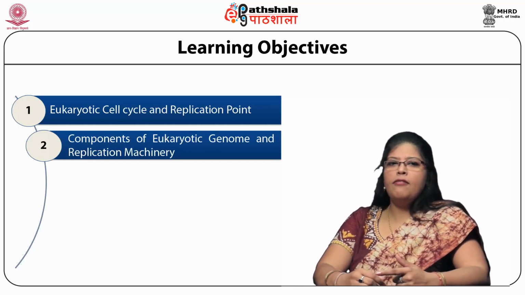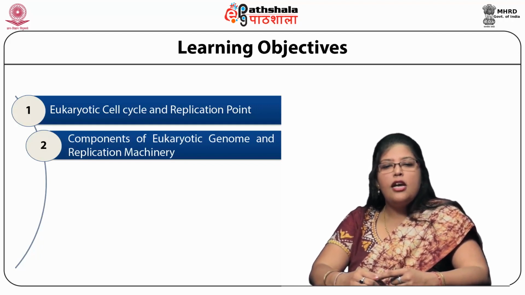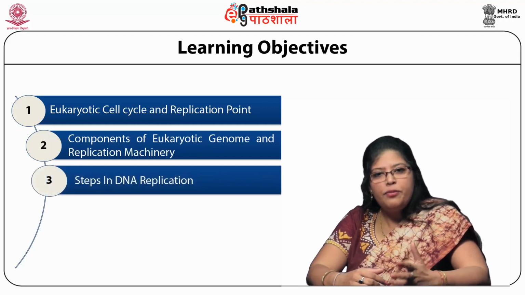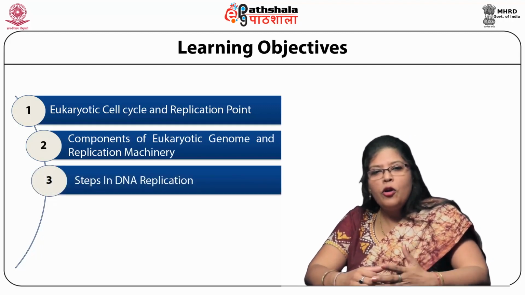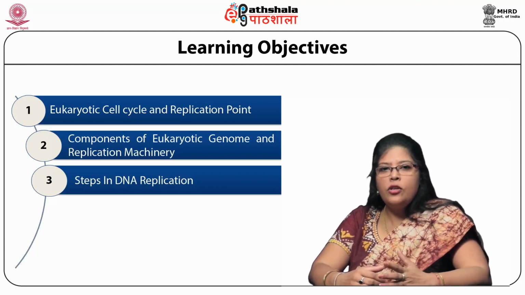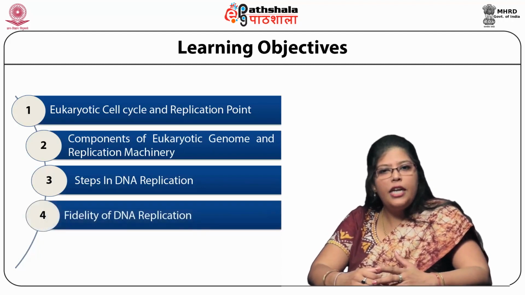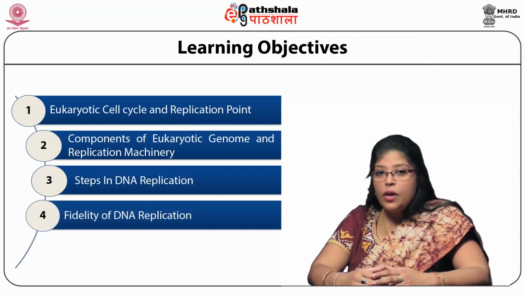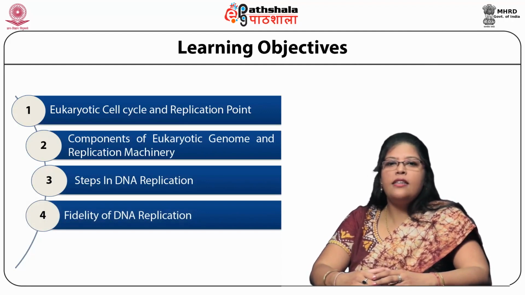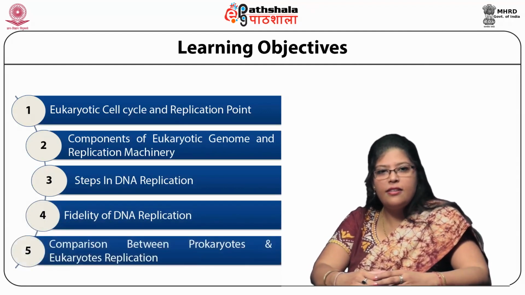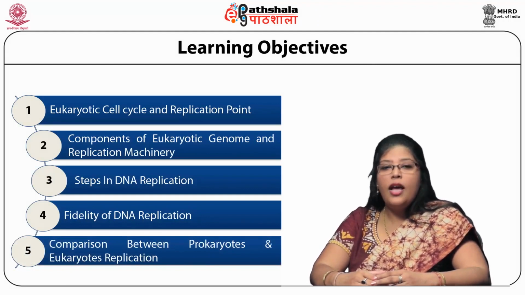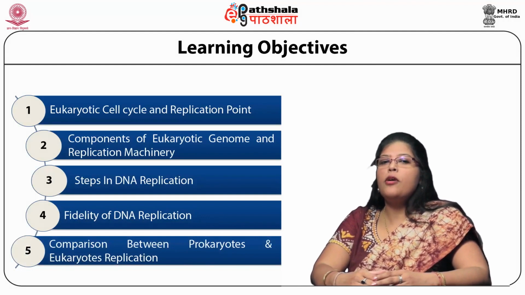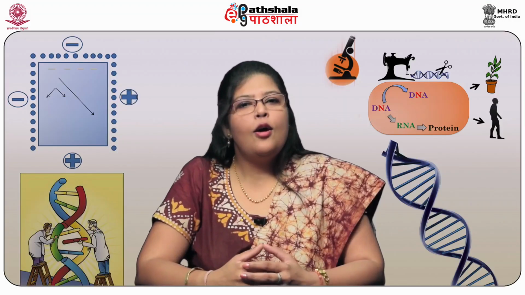We will then have a detailed discussion about the various steps involved in eukaryotic DNA replication, followed by a summarizing note on fidelity of DNA replication. To conclude, we shall highlight the similarities and differences in the replication process in prokaryotes and eukaryotes and also outline the important features in both.